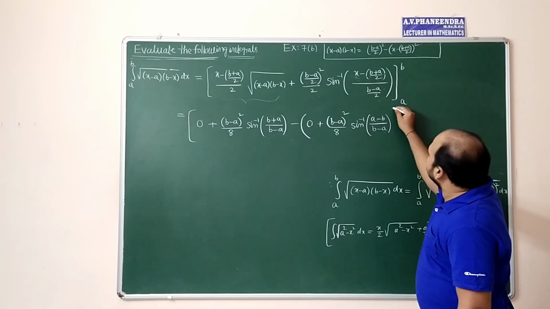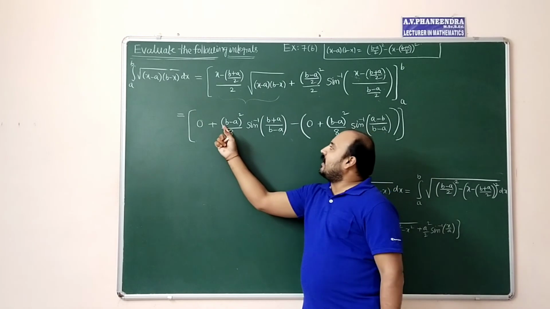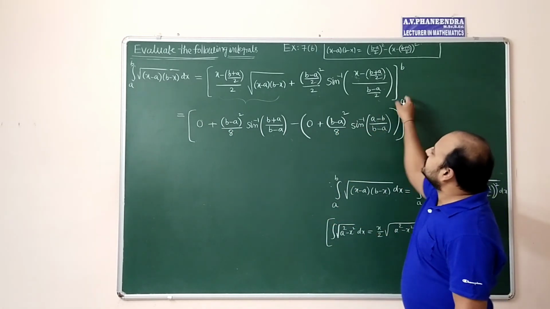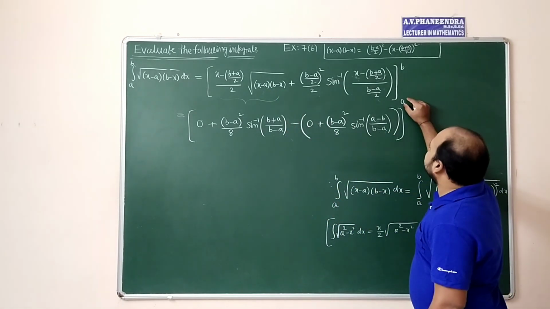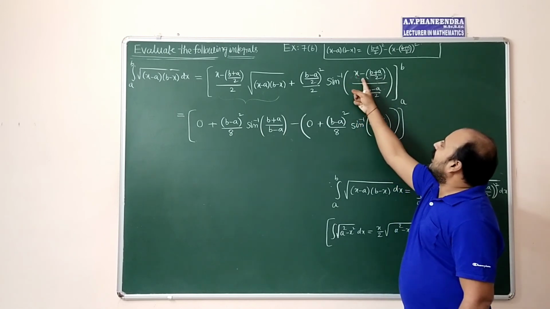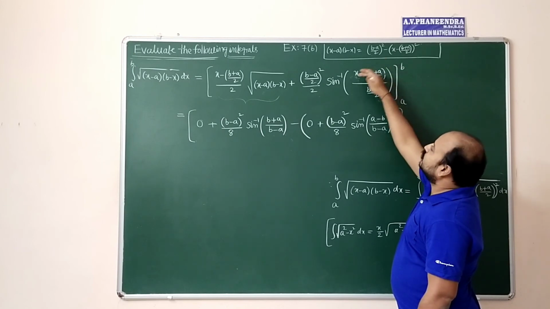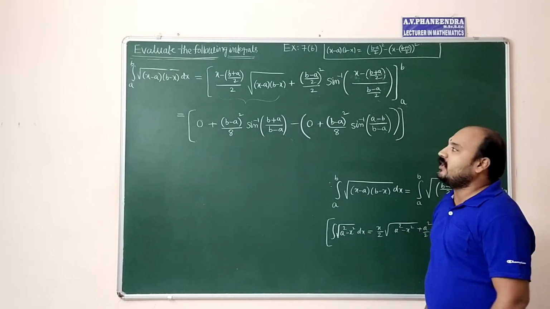Applying the limits. No, already we got it now. So (b minus a) whole square by 8, first term is over. Come to second term, once again I will explain. X is equal to a, substitute in this term goes to be 0. Plus x is equal to a, substitute in this: 2a minus b minus a. 2a minus a is a minus b by b minus a. 2 get cancelled anyway.